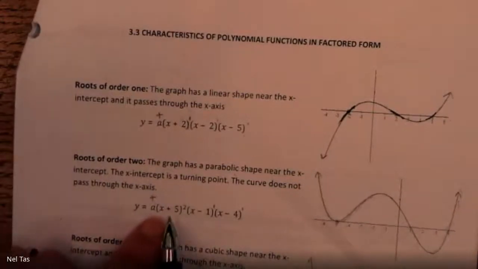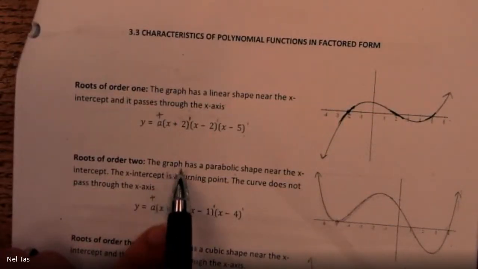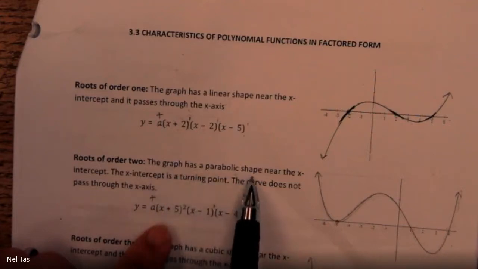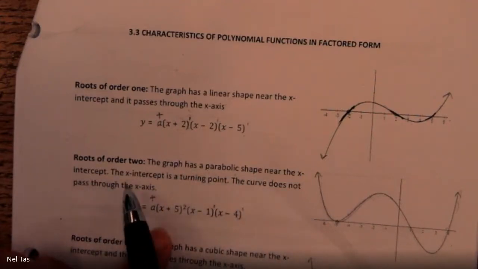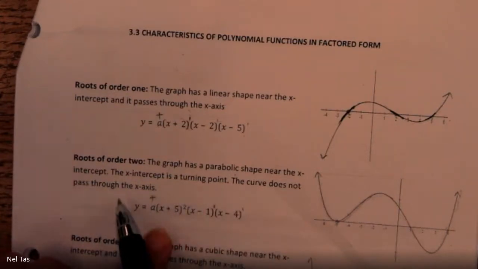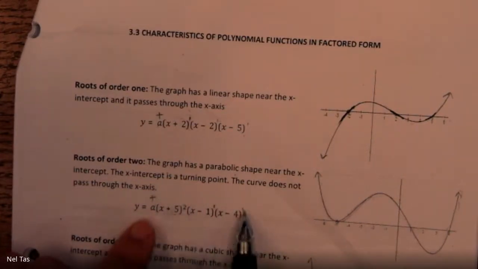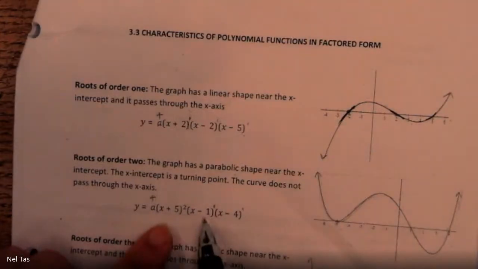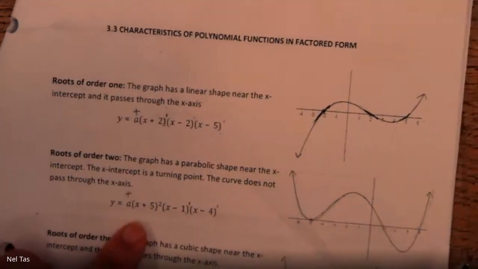We see that x plus 5 has order 2. The graph has a parabolic shape near the x-intercept. The x-intercept is a turning point. The curve does not pass through the x-axis. For this function, -5, +1, and 4 are the x-intercepts.